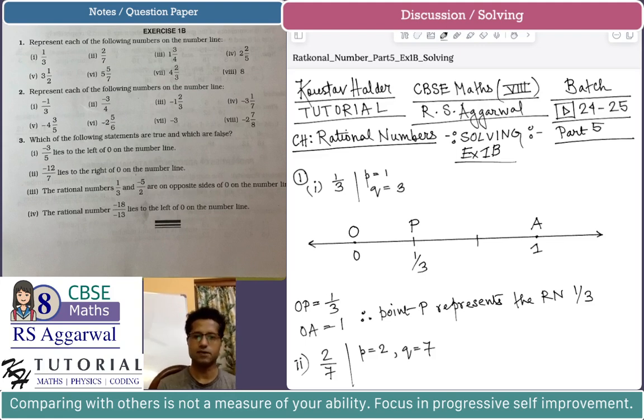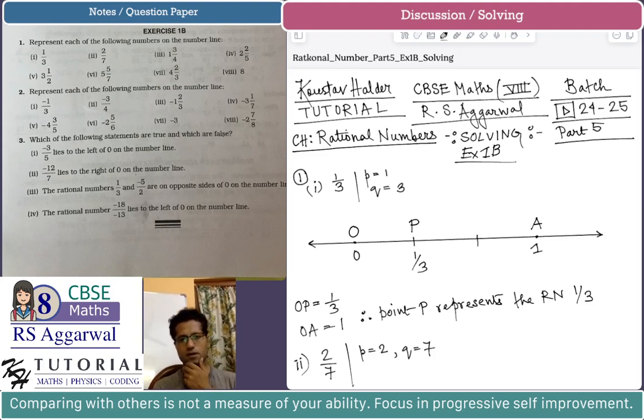And the last case is the negative of a mixed fraction, that is a number which has a whole part and a fraction part, but the total rational number is negative. So, these are the 4 cases. If you have watched part 4, the previous video, you will understand pretty well how to represent any given rational number on the number line.